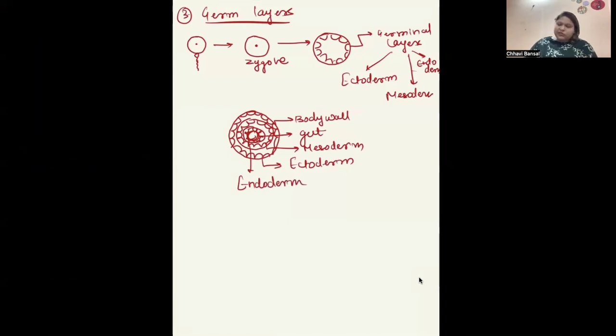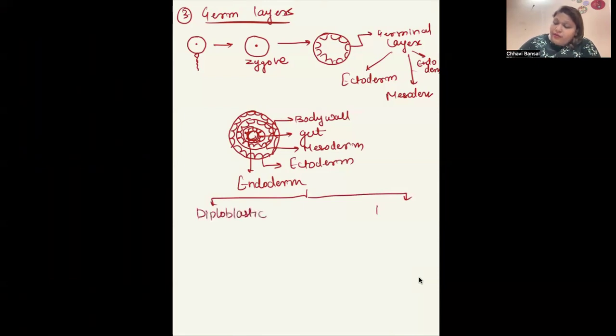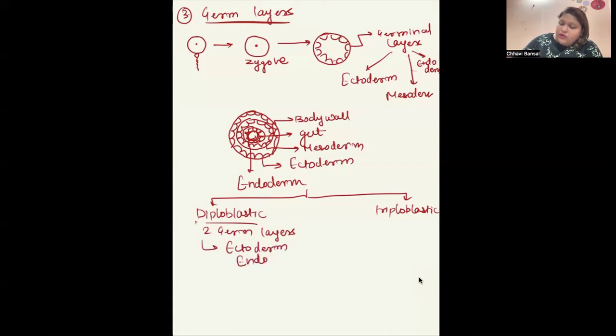So these are the three layers which later form each and every organ, tissue, and cell of the body. The organism can be of two types. They can be diploblastic and triploblastic. What is diploblastic? If they have only two germ layers, meaning they have only ectoderm and endoderm.